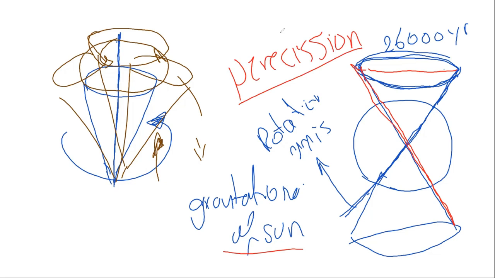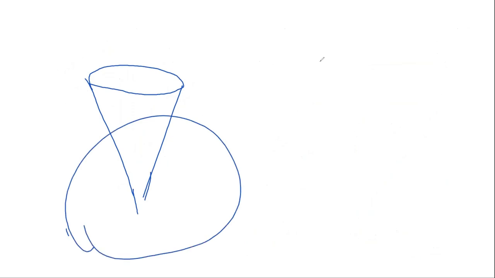So that's not the only one. Let me draw this Earth's rotation axis. We have the moon as well, which is moving around the Earth.